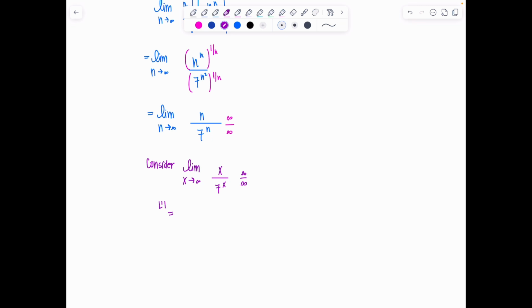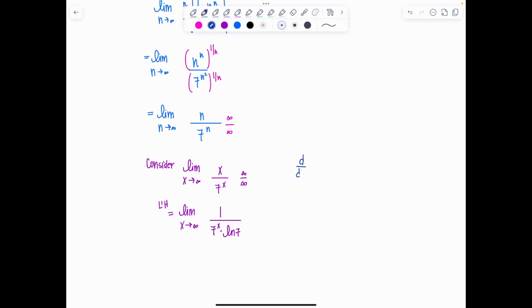Let's go ahead and apply it. So limit x approaches infinity. The derivative of the numerator, derivative of x, is just 1. And then the derivative of 7 to the x: the derivative of a to the x is a to the x times ln of a. So this is going to be 7 to the x times ln of 7. Did you forget that derivative?